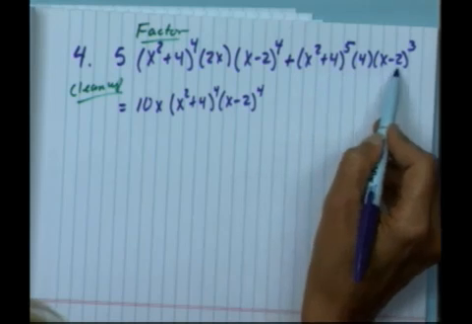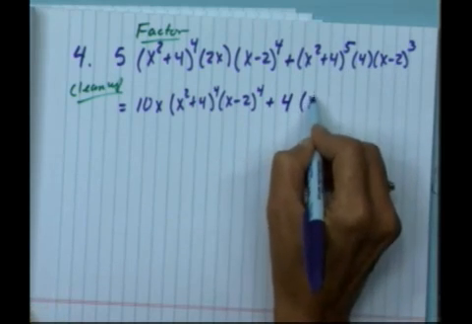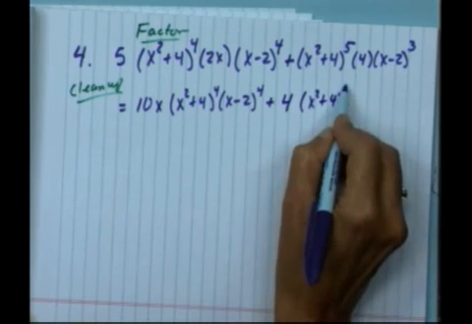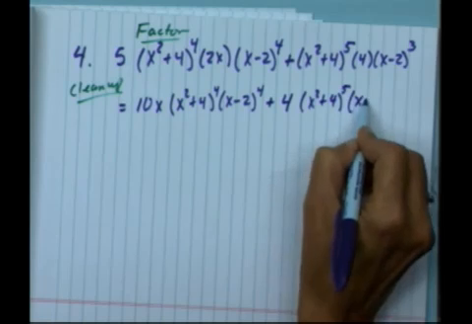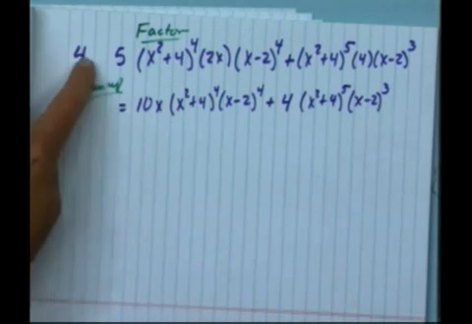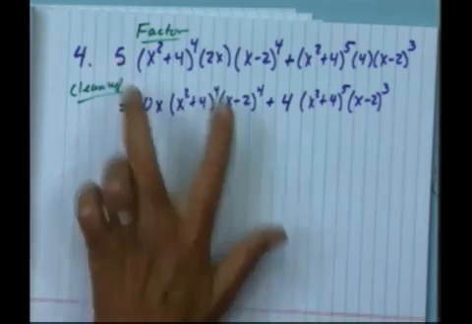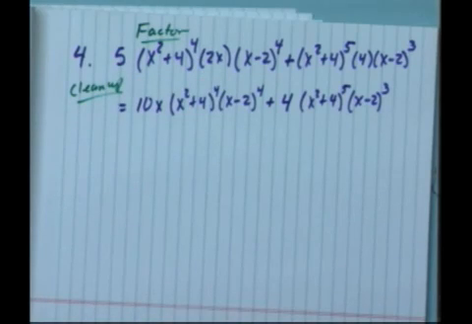And then over here we're going to have plus a 4 times x squared plus 4 raised to the 5th, and an x minus 2 raised to the 3rd. Okay, cleaning up just meant that I multiplied those monomials, 5 and the 2x together. All right, does everybody see what I did?